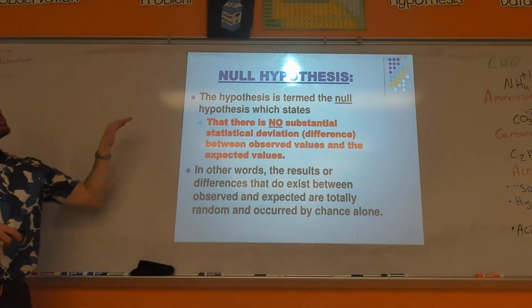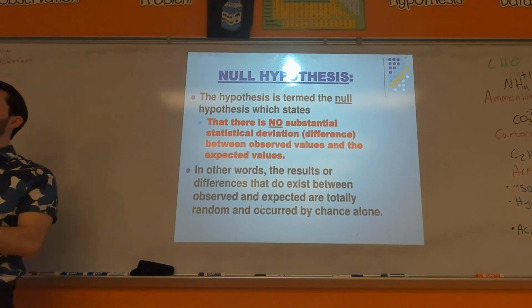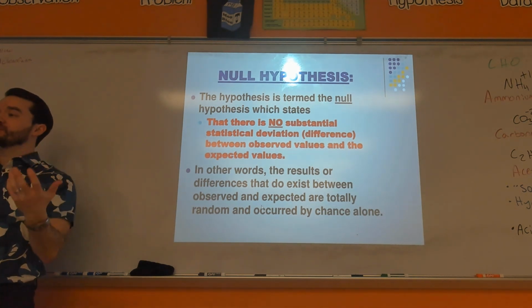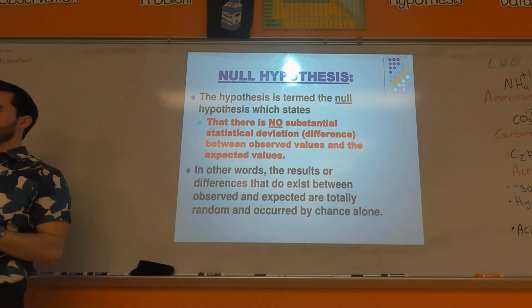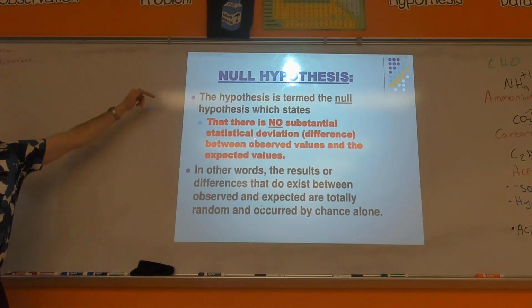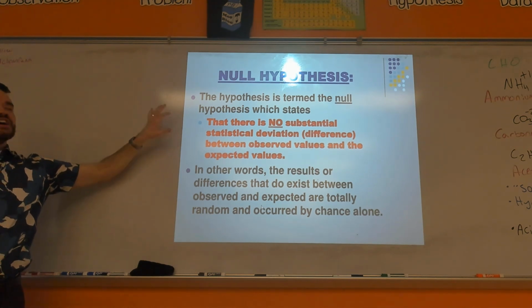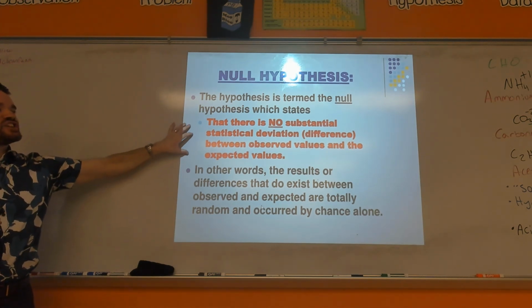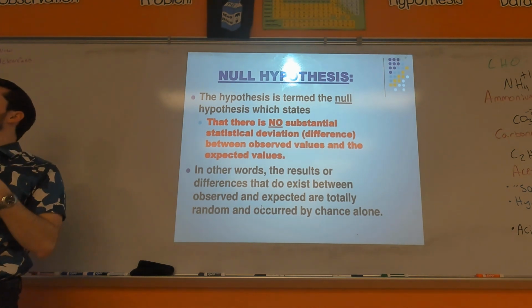Now, what can be a little goofy with chi-square is that there is a null hypothesis. A normal hypothesis in science is a testable hypothesis that you're trying to prove with your experiment. A null hypothesis is a hypothesis you're trying to disprove. Like what I was saying earlier with flipping a coin, the null hypothesis says that any difference you see between your observed values and your expected values is just due to chance.